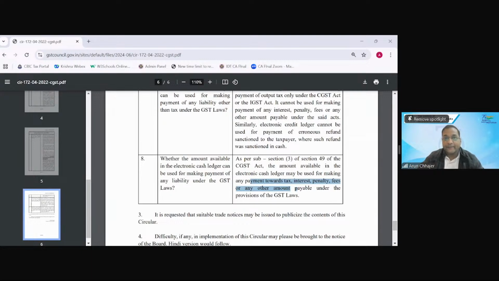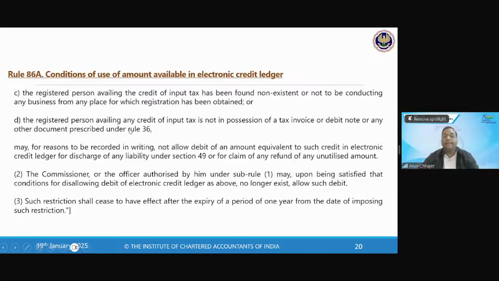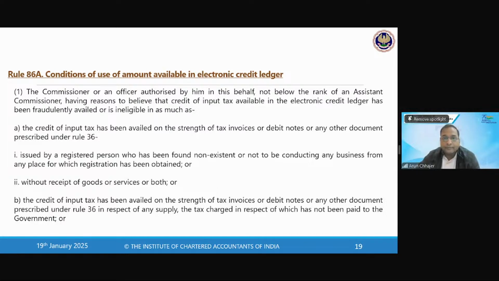Rule 86A. What is that Rule 86A? Basically, Rule 86A is the condition of use of the amount in the credit ledger. The Commissioner or an officer authorized, not below the rank of Assistant Commissioner, having reason to believe that credit lying in the credit ledger has been fraudulently availed or is ineligible.